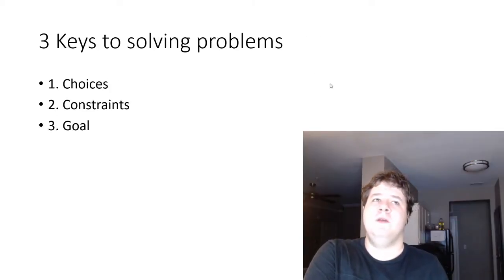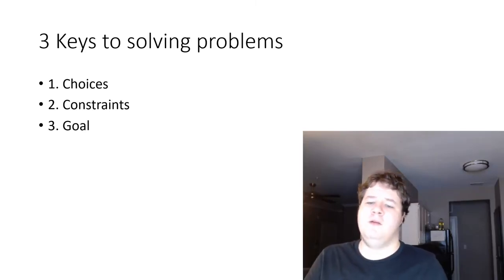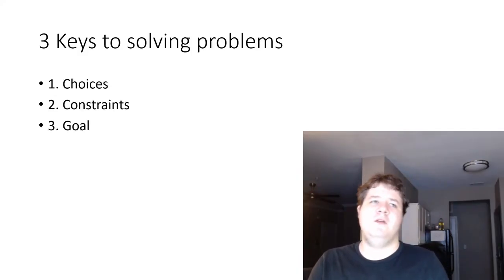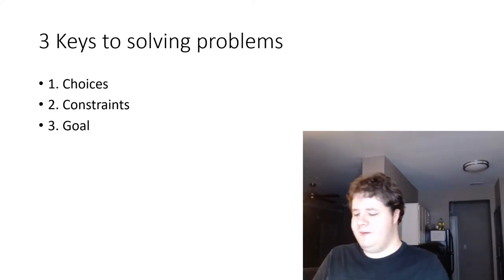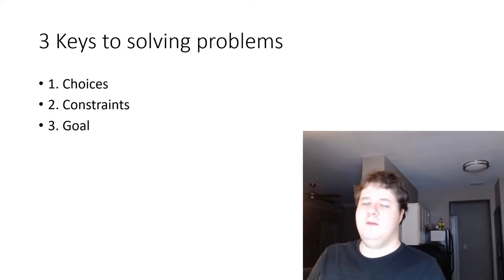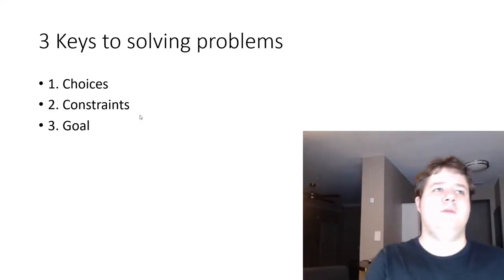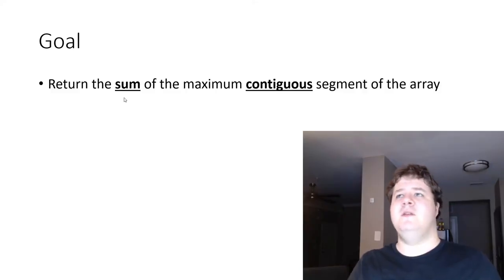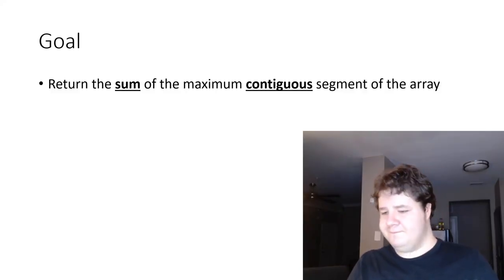How we're going to solve this problem. Again, there are 3 keys to solve problems like this, and many algorithm and data structure problems as well. First, consider your choices, your constraints, then your goals. Our goal: find the largest sum value in our array, so we can return the sum of the maximum contiguous segment in the array.